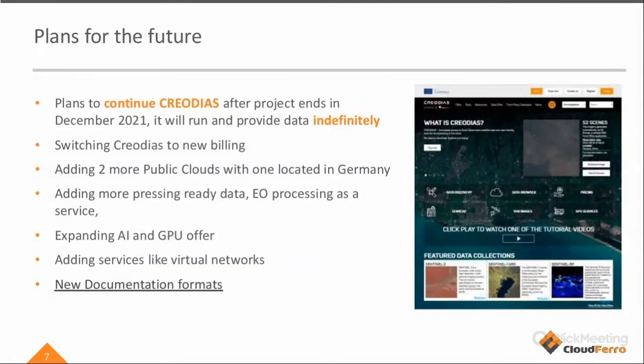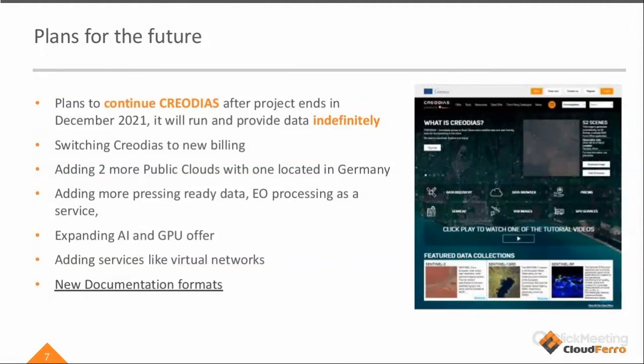We want to add, later this year, 2 more public clouds, one in Germany and one somewhere in Warsaw. The main goal of the new Warsaw cloud is to add more capacity. So there will be space for all the projects that want to go to CREODIAS CloudFerro clouds. And the one in Germany, the main goal here is to distribute the clouds geographically.